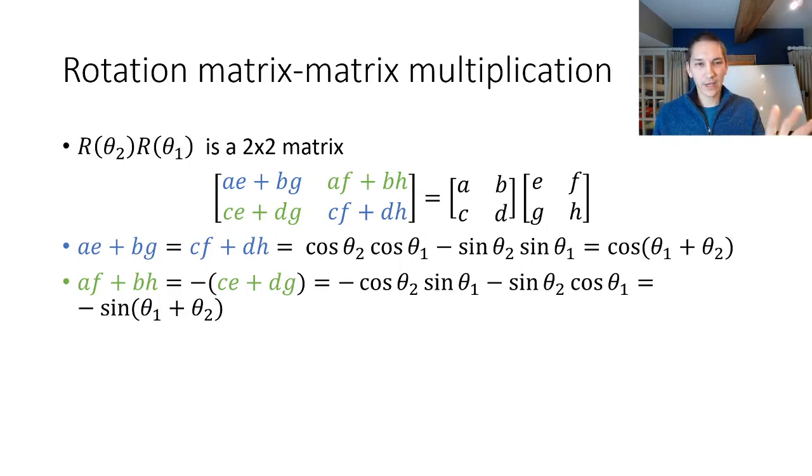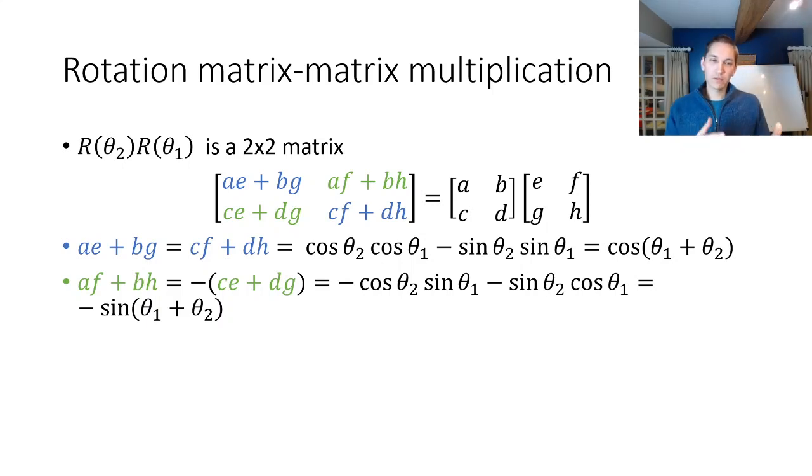So the diagonal of this composed rotation becomes cosine theta 2 times cosine theta 1 minus sine theta 2 times sine theta 1. And if you remember some of your geometry, you'll see that this is cosine of theta 1 plus theta 2. This is the angle addition formula.